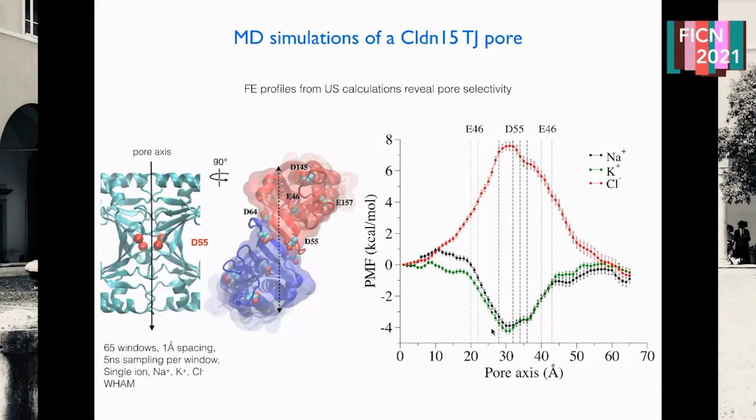For cations, sodium and potassium, we have an attractive minimum of -4 kcal per mole, while for chloride we obtain a barrier of about 8 kcal per mole, and those features are in correspondence with the ring of D55, the aspartic acids that I have mentioned already.